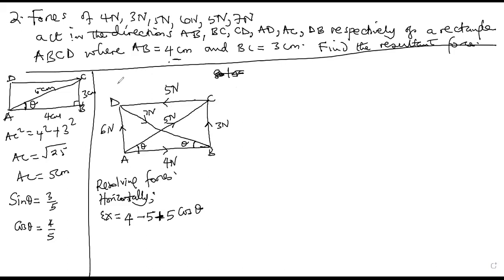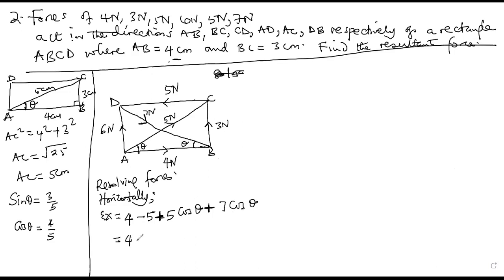The moment it is not on a straight line, then it has to be acting on a certain angle. So 5 cos theta, and I said plus because it's pointing in the positive direction, but this one is pointing in the negative direction. So it will be minus 5. Its horizontal force is also going to the positive east, because this side is east direction. So it is plus 7 cos theta. But I have values of cos theta.